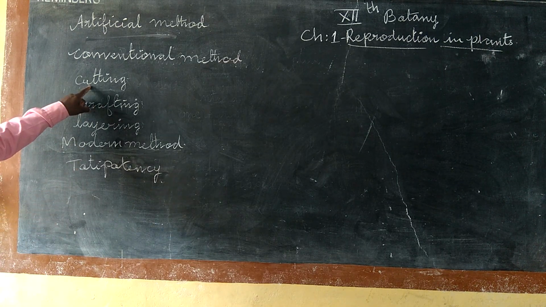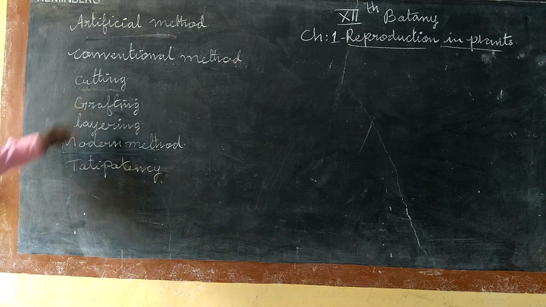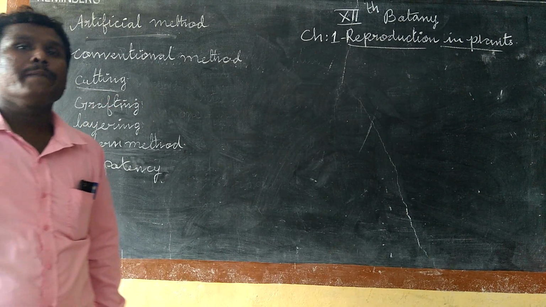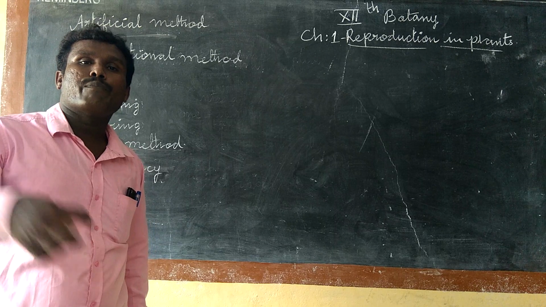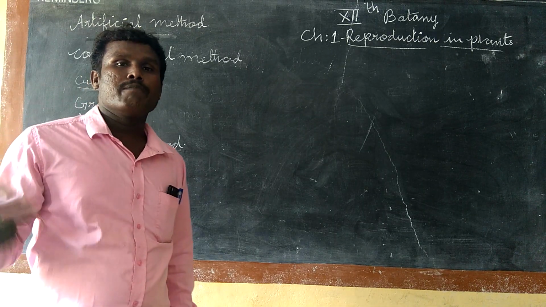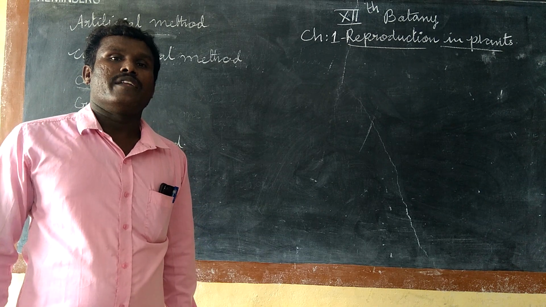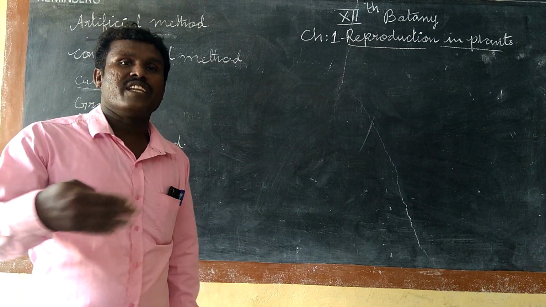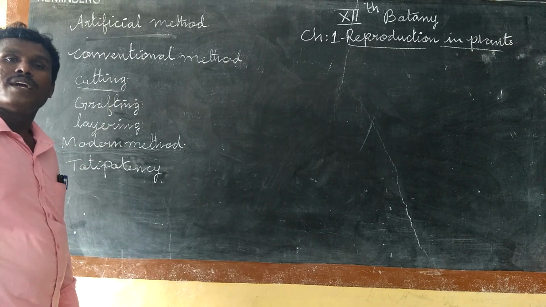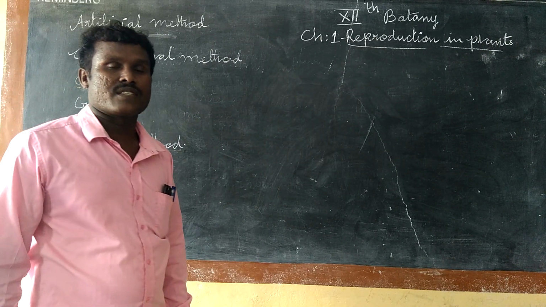First, let us discuss what cutting is. Cutting is a method of propagating plants from the parent plant, from the root, stem, or leaf. The cut part is placed in a nutrient medium, develops a root system, and then forms a new plant.